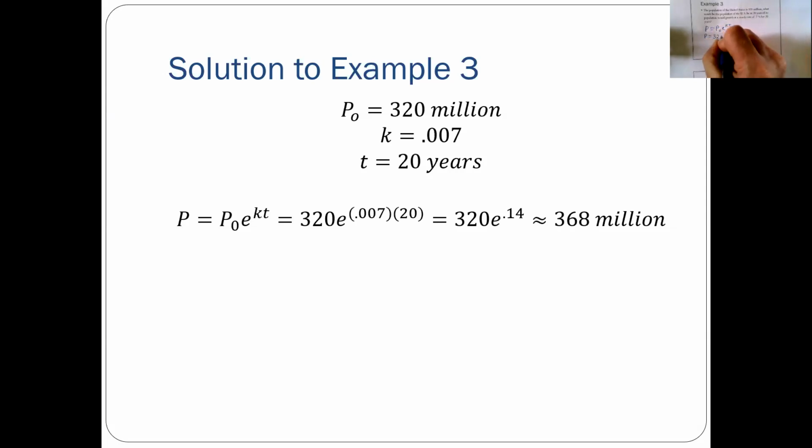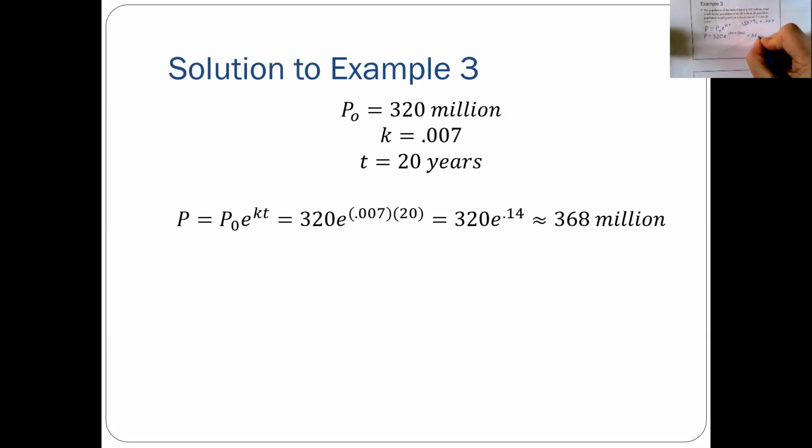Don't worry about using it in the calculation. So P0 is 320 million. Of course, e we just use in the formula. Our growth rate is 0.7%. So remember, when we move the decimal 2 places, that's represented by 0.007. And our time period is 20 years.